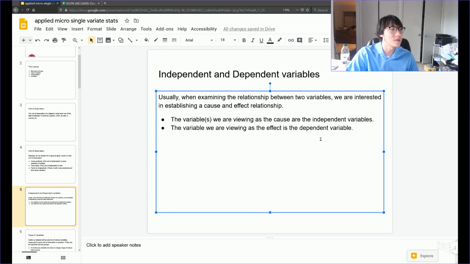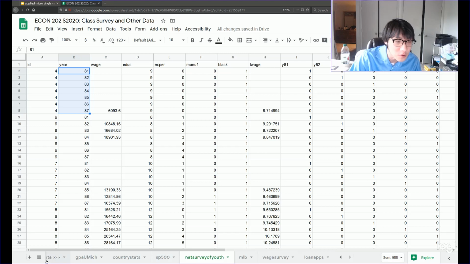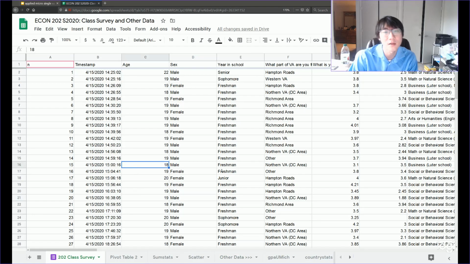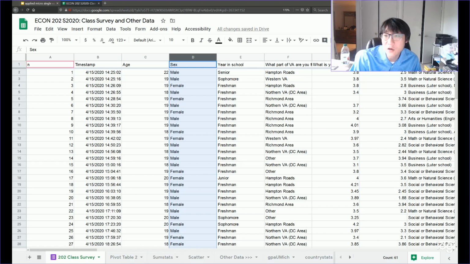Now, this is up to you. As the person examining the data set, you get to choose what the independent and the dependent variables are, but certain variables just make more sense as an independent variable, while others make more sense as a dependent variable. So for example, let's say that you were interested in analyzing our class data set, and you wanted to understand how a person's gender affects their college GPA.